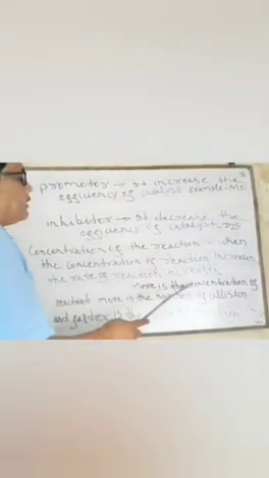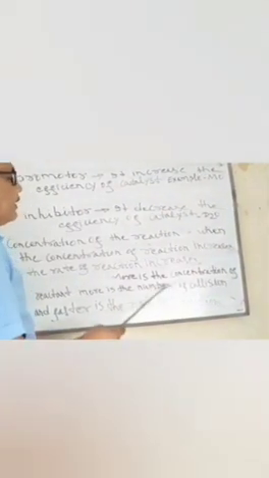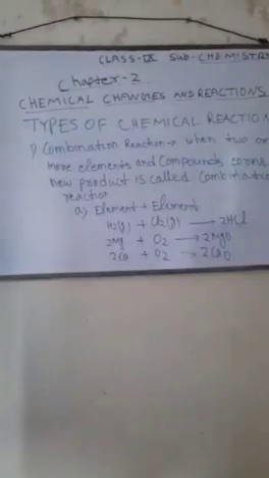More is the concentration of reactant, more is the number of collisions and faster is the rate of reaction. किसी भी रिएक्शन में कंसंट्रेशन ज्यादा होता है तो उसका नंबर ऑफ कोलिजन भी ज्यादा होगा और रिएक्शन फास्ट होगा.